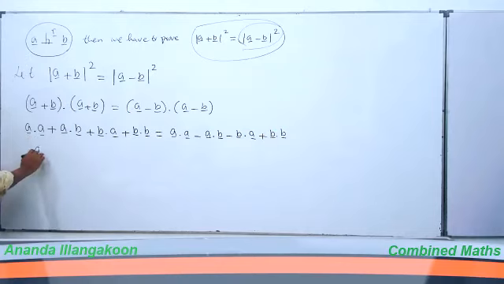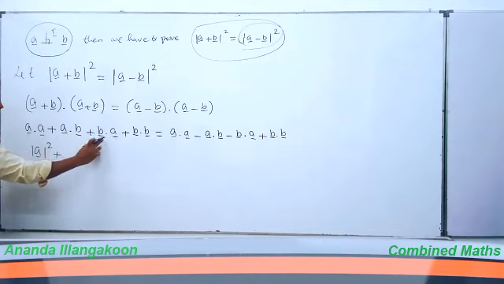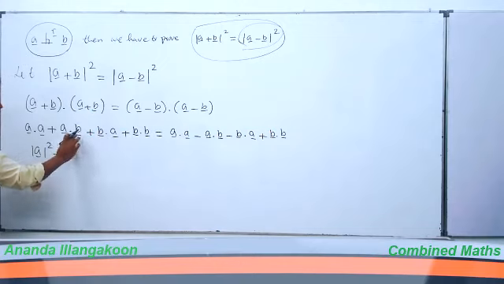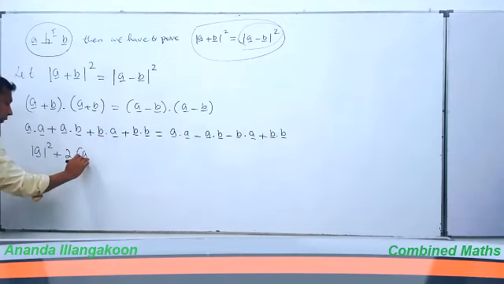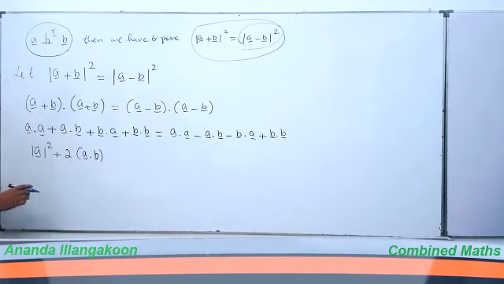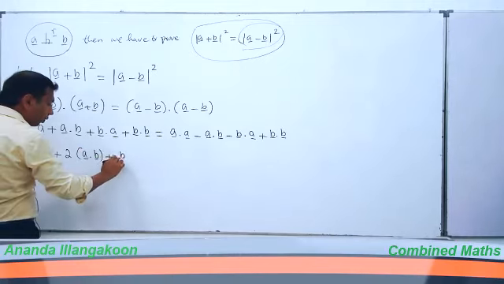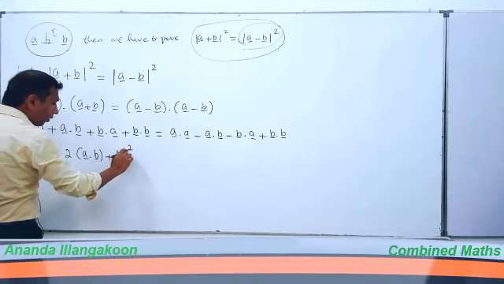A dot A is, people, mod A squared. Here B dot A is equal to A dot B, so this B dot A I can write as A dot B. Then here A dot B plus A dot B, 2 times A dot B. B dot B is mod B perfect square.